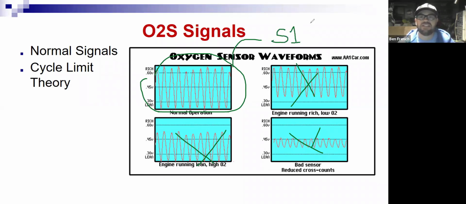That means that sensor is before the catalytic converter. Okay, so the sensor before the catalytic converter, that's the one that controls open loop, closed loop, and really is the primary driver of your fuel trim.